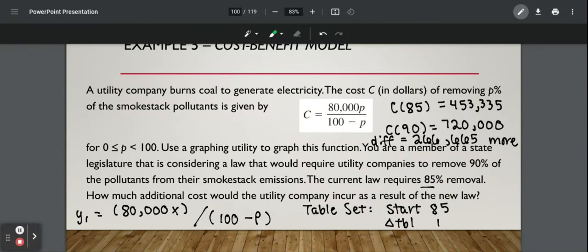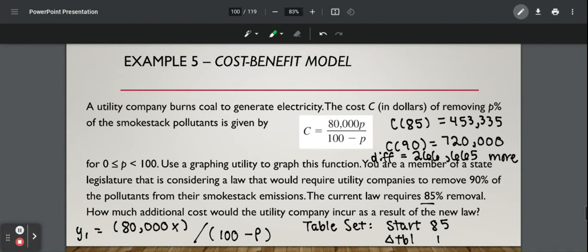One other thing I want us to look at with this is if there was any type of asymptotes. Considering the asymptote, your vertical asymptote is when the denominator equals 0. So in this case, P equals 100 would be your vertical asymptote. That means you can't remove 100% of the pollutants, it's impossible.